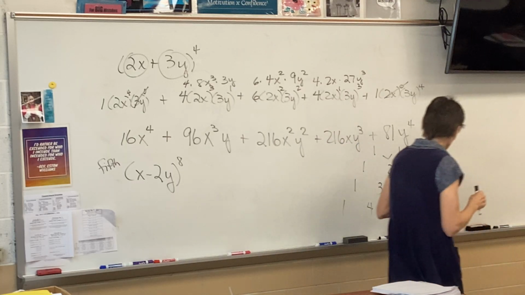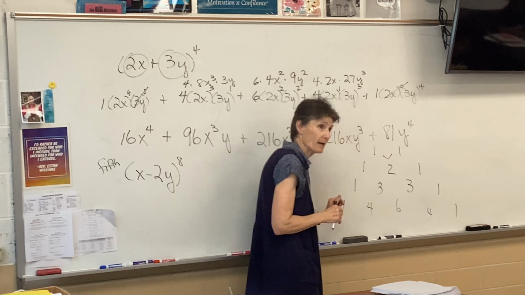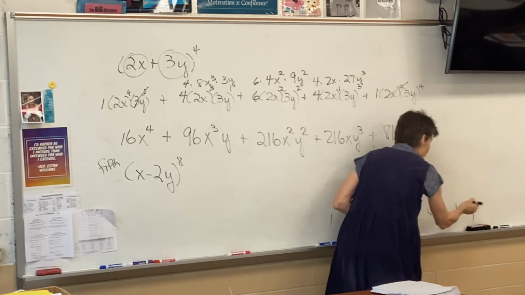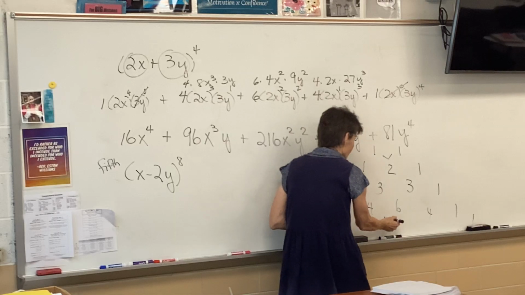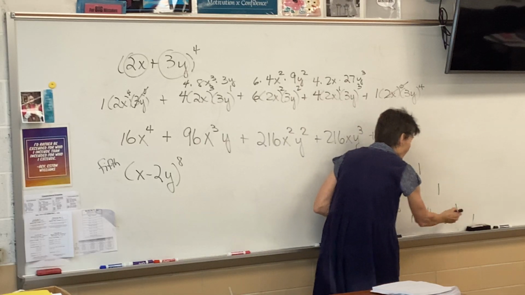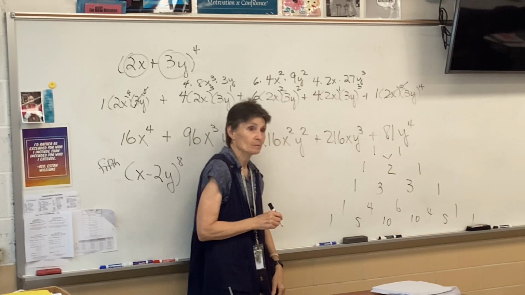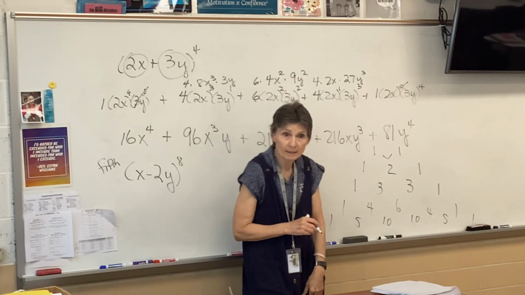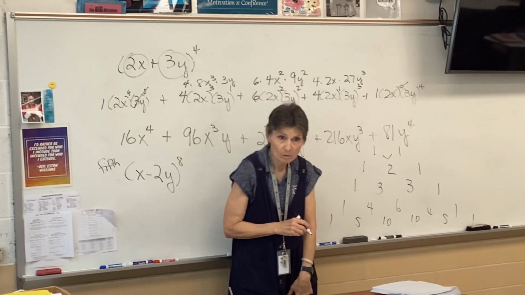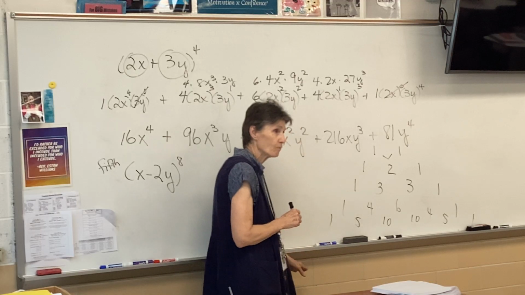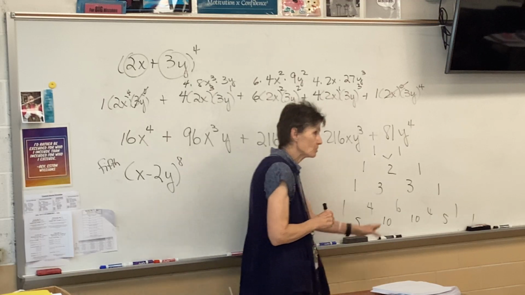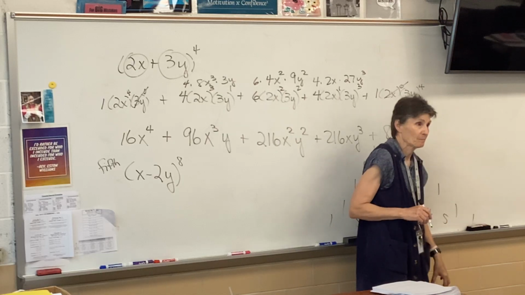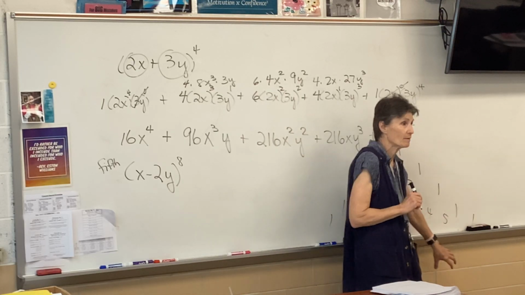Could you keep building the triangle all the way down to the 8th row? Absolutely you could. Then you would count over: first term, second, third, 4th, 5th, and that's the number you would take, because you are only interested in the 5th one.